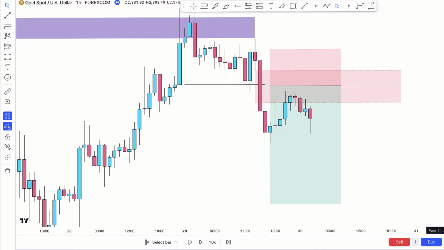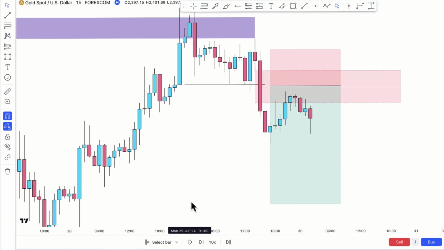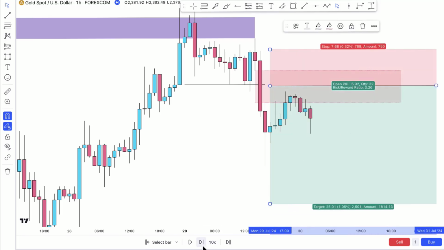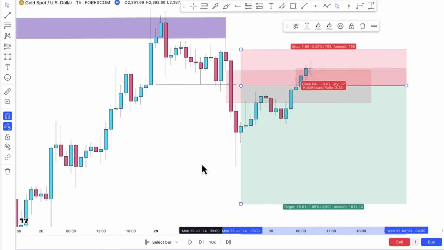I'm going into the very basics of these things because I will do the advanced version of how to take trades with inversion fair value gap subsequently, but this is going to be a little bit intermediate. All right. So what I'm waiting for is for price to tap me in, and then I will expect the sell.